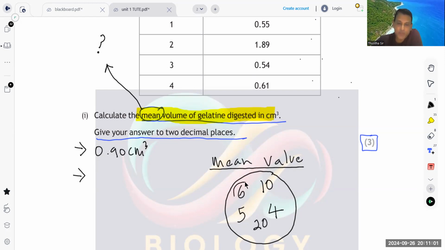So these are the values: 6, 5, 10, 20 and 4.